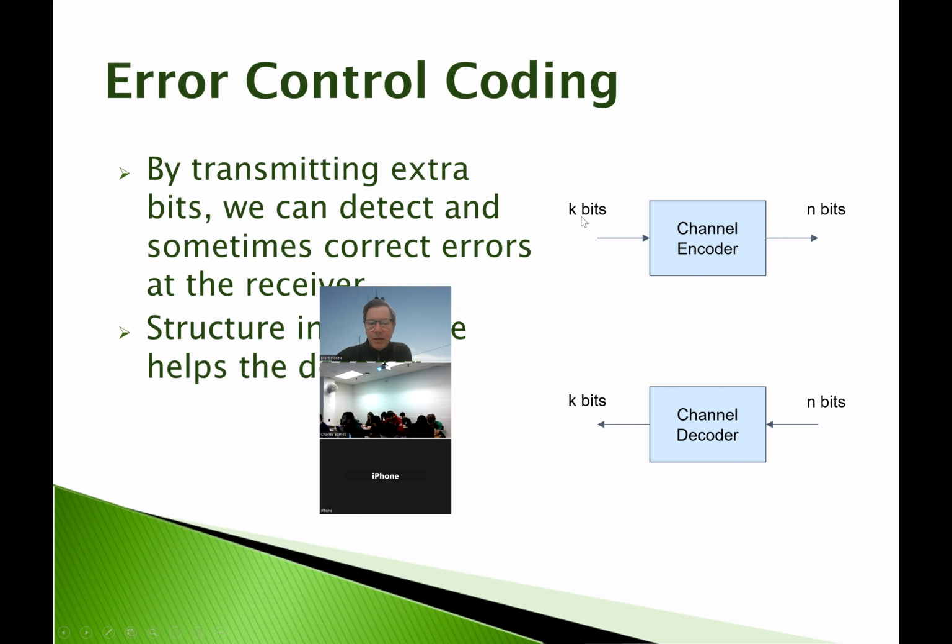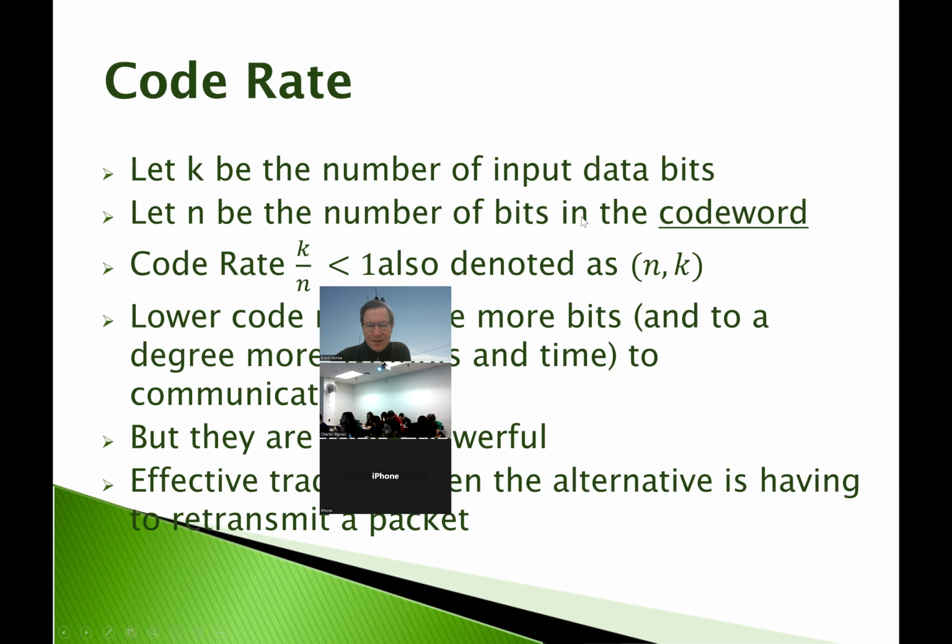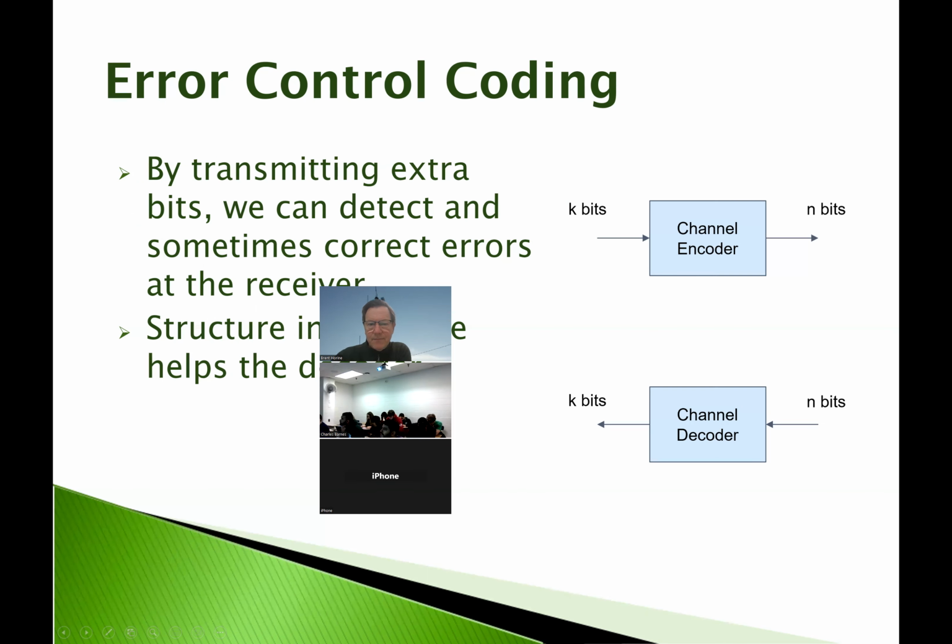So if we have a 2-bit message length, then we have 00, 01, 10, and 11. If we add a bit to that, then our code words might be 000, 011, 101, 110, or something like that, right?